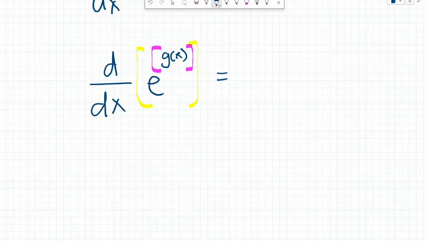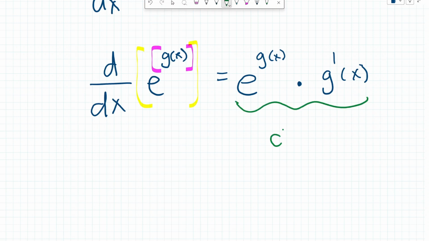So if we take the derivative of the outside function, that's e to the x. In this case, our x is g of x, and that stays the same. So remember, the derivative of the outside function while keeping the inside function the same, multiplied by the derivative of the inside function. So we found this over here by our chain rule. You can use this in every case to find the derivative of these composite exponential functions.